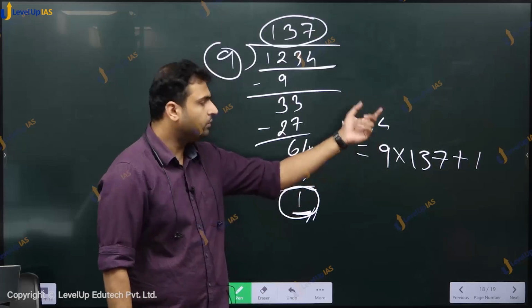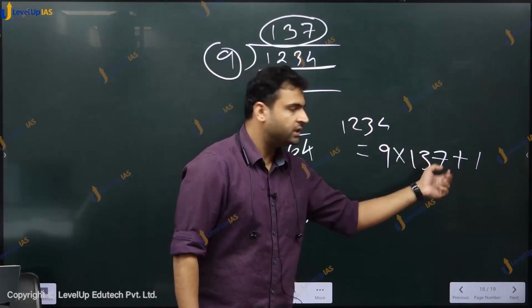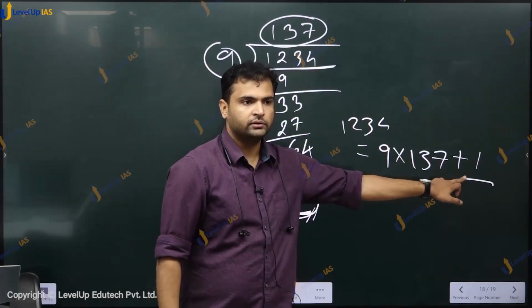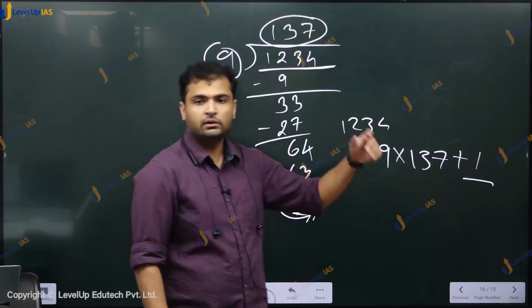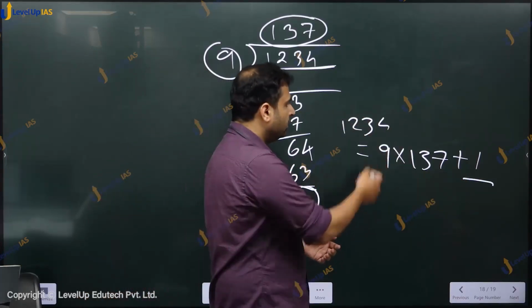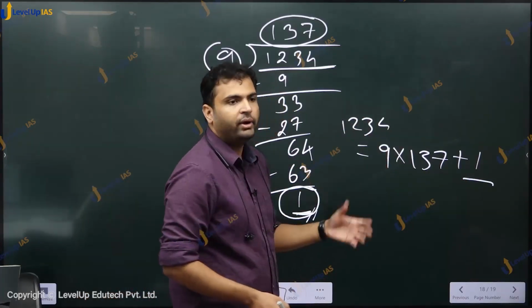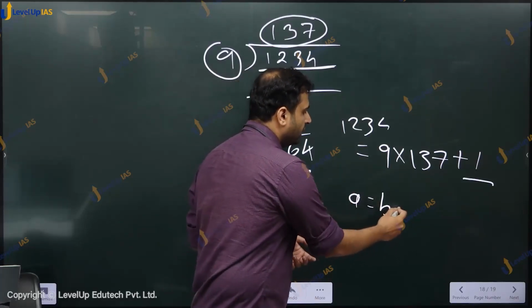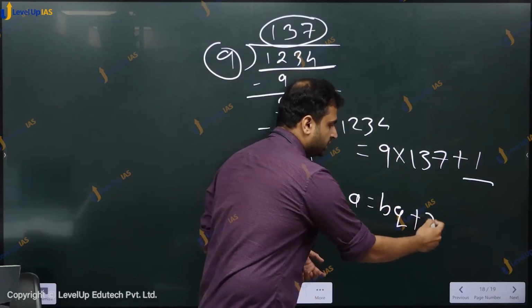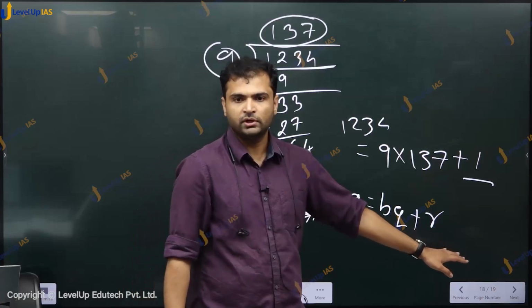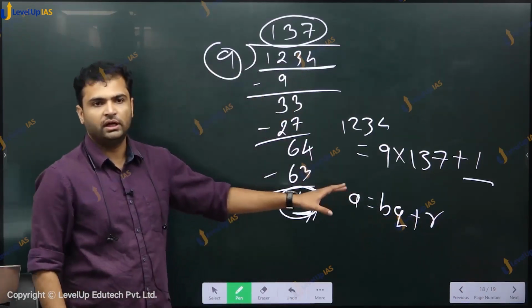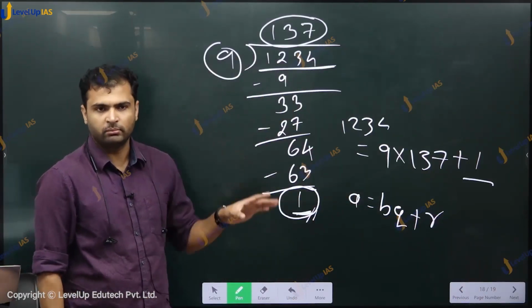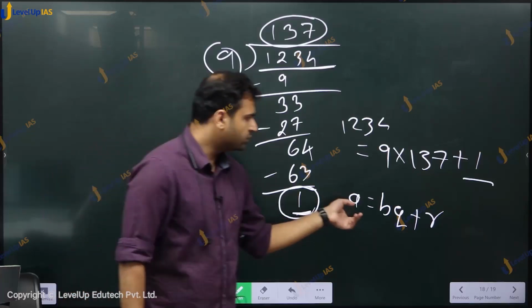Whenever we are dividing any number, let us say A by some other number B, we get A is equal to B into quotient plus remainder. This kind of equation is called the division algorithm. No need to remember the name, but this is called the division algorithm.